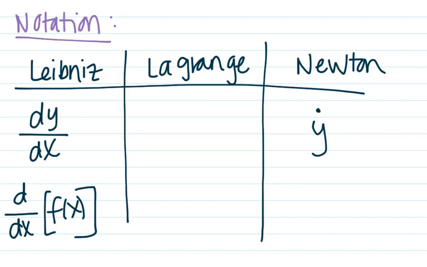Instead, we favor Leibniz, and then there's this guy Lagrange. For this one, we use that f prime of x notation, which can also be written as just y prime. So these two guys made the notation that's still used today most frequently. Sorry, Newton.